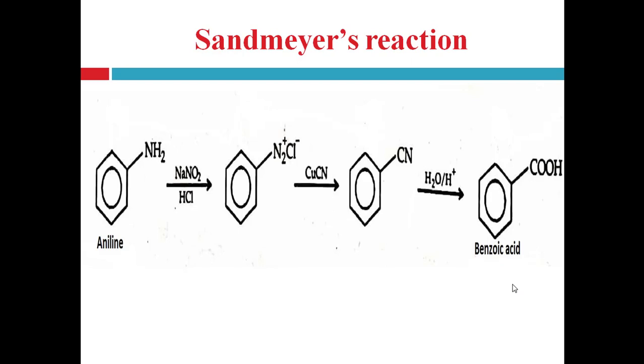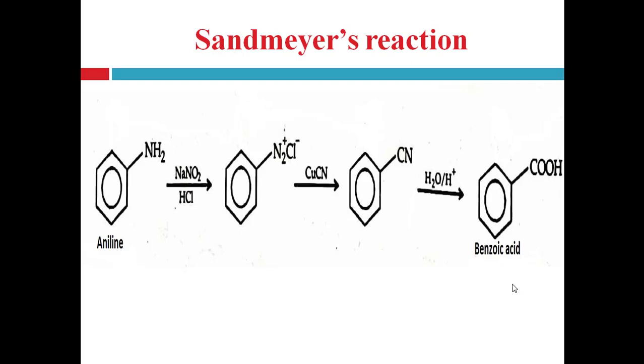First of all, aniline undergoes a diazotization reaction with the help of sodium nitrite and hydrochloric acid in cold condition, right? Here write 0 to 5 degrees Celsius, which indicates the cold condition. The primary aromatic amine group is diazotized and converted into benzene diazonium chloride.